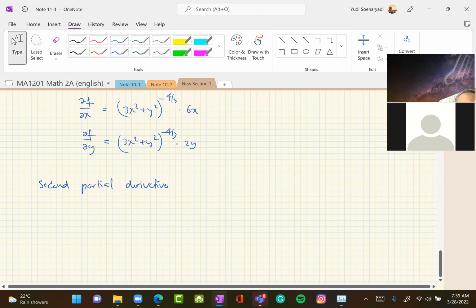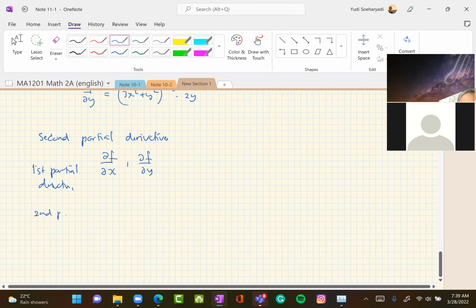So what's the second partial derivative? Second partial derivative meaning, given f, you compute this one. This is the first derivative. The second is the second derivative.